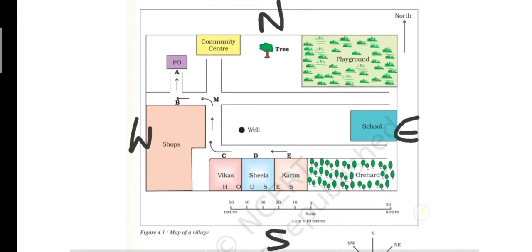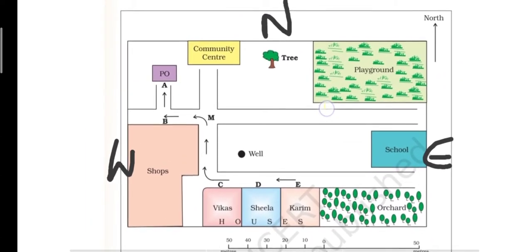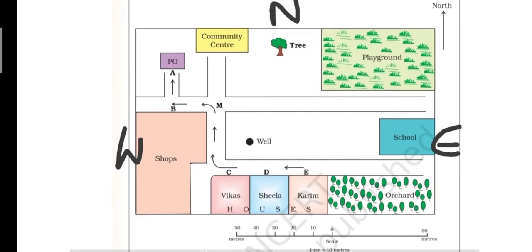So if you see here, we have the house of Vikas and the community center is on top of Vikas's house. So children, if something is on the top, we all know that it is in the north direction. Since the community center is just above Vikas's house, it is in the north direction.